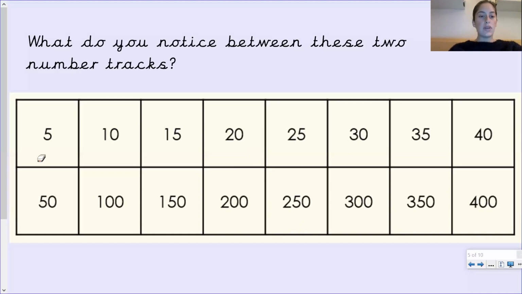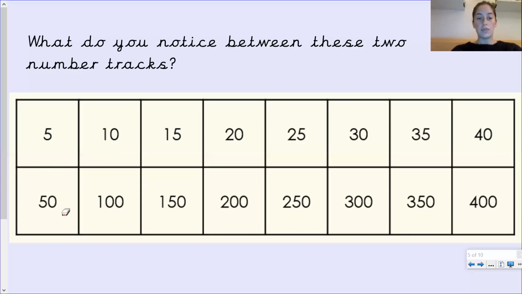Okay, so if we look very carefully at the numbers that are going up in fives and compare them to the numbers that are going up in 50s, I noticed that they are very similar. So this one is a 5, this one has a 5 with an extra 0 in front of it, which makes it 50. Similarly, for the second number, when you're counting up in fives, the second number is 10.